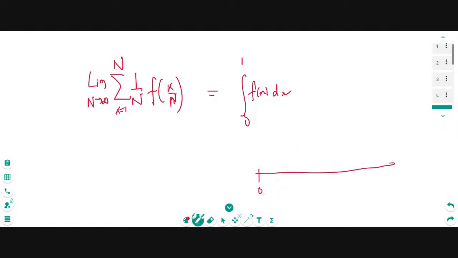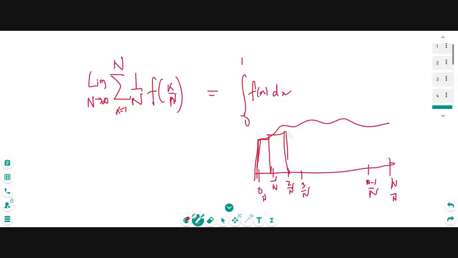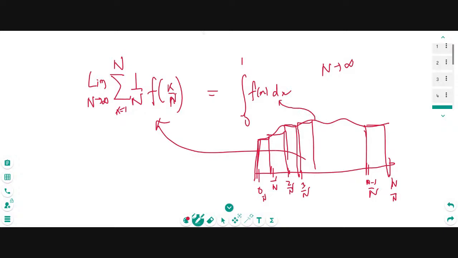Let's take 0 and 1 and divide it into intervals of 1 by n: 0 by n, dot dot, n minus 1 by n, n by n. If you see the integration over here, this is the height. The integration explains this. So this is the sum over here, and the integration is the normal area. As n tends to infinity, the intervals become smaller and smaller, and therefore the area under the curve reduces to this sum. I hope you understood it now.